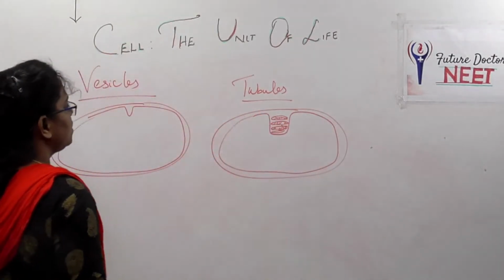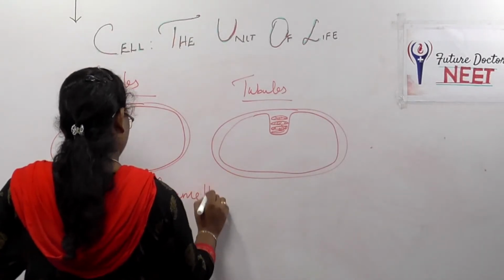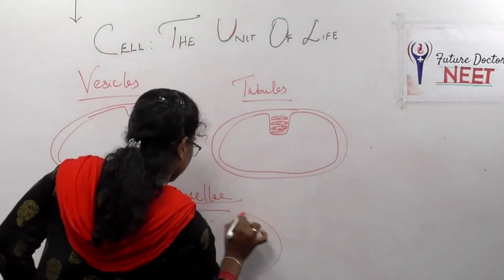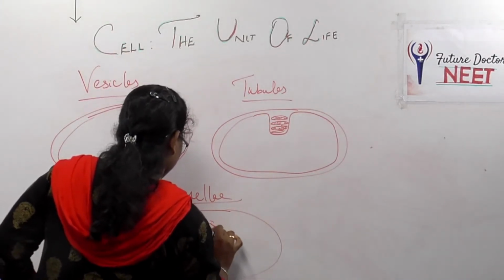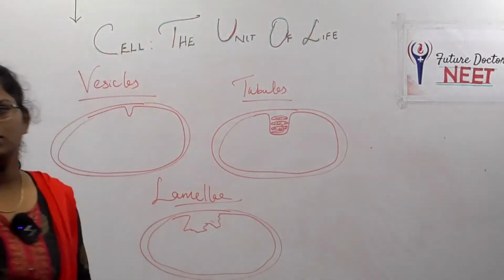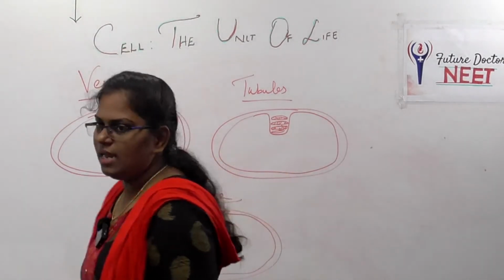So this is tubules, and third one is lamellae. These are the structures of vesicles, tubules and lamellae.